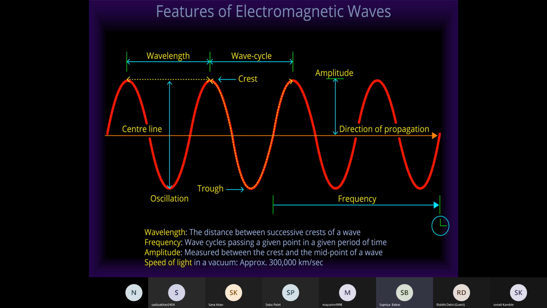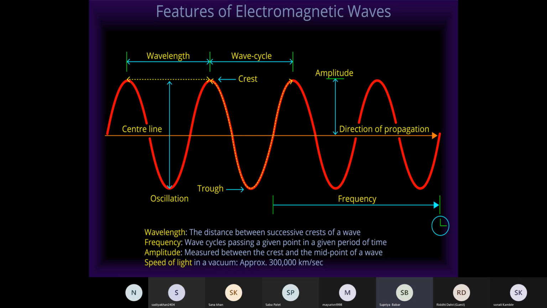The wave goes above and below the line of propagation. The above part is called the crest, and the below part is the trough.